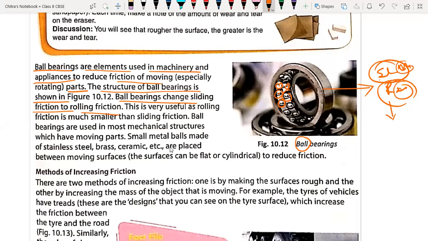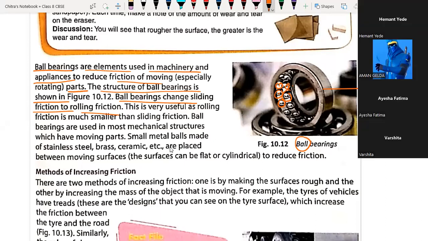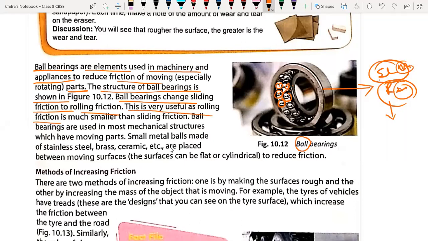Sliding friction causes more heat in the object. Due to the bearing balls, sliding friction changes to rolling friction, which causes less heat and the life of the object increases. This is very useful as rolling friction is much smaller than sliding friction.